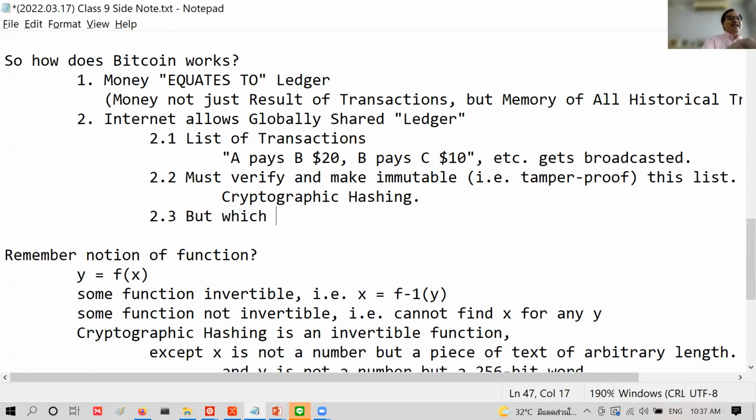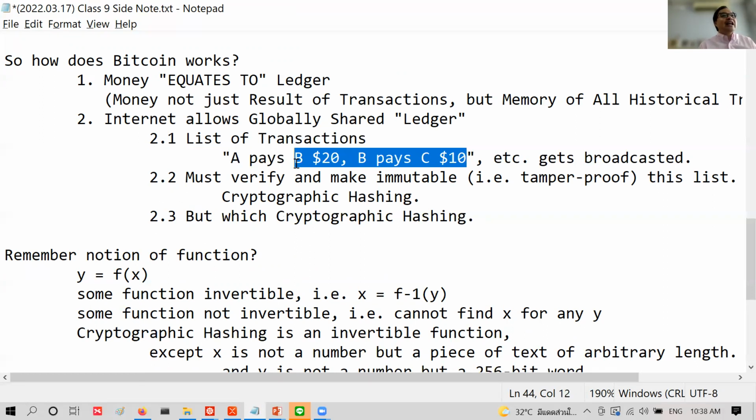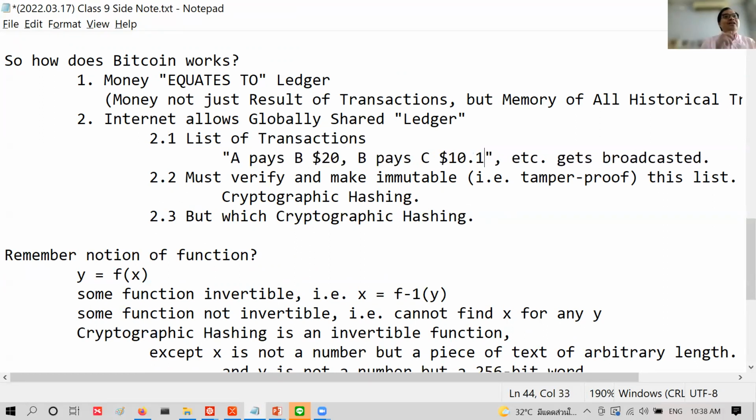But which cryptographic hashing? In other words, I can do this, or I can put something else. So once the payment gets broadcasted, somehow it has to be frozen. But who gets to freeze it?